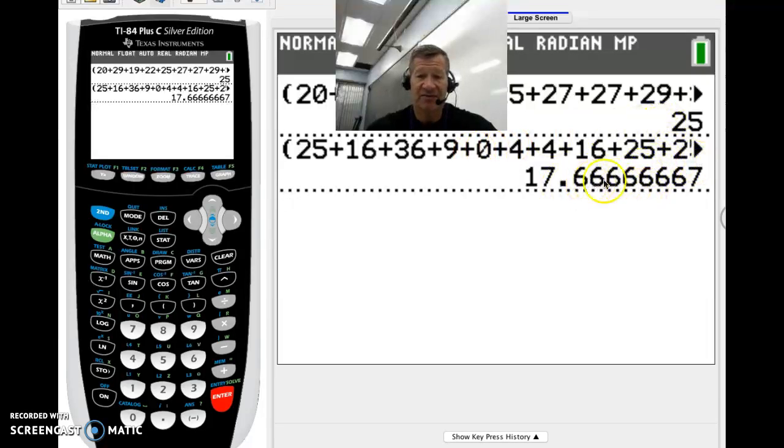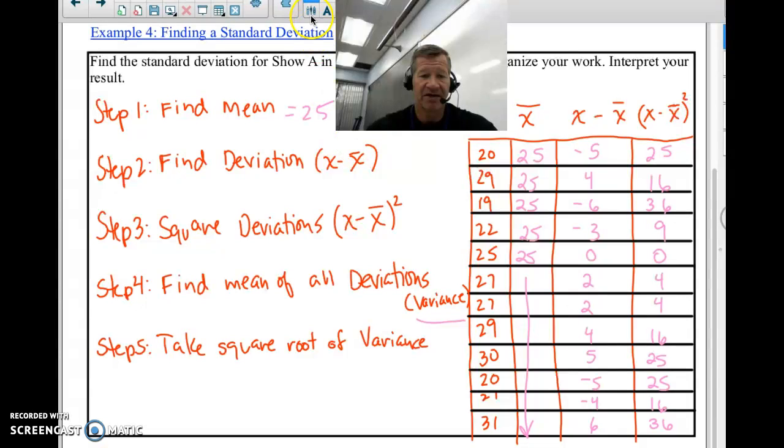I got 17.6 repeating. We're going to round that to 17.7 for our purposes. So the mean of all the squared deviations, the variance, is 17.7.